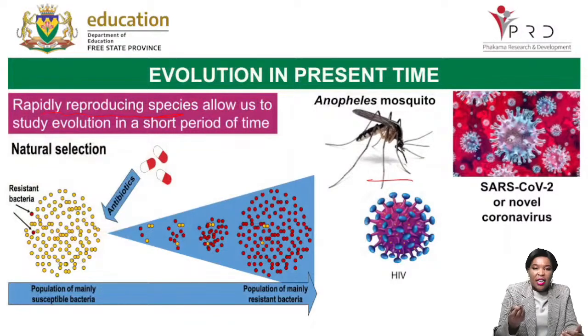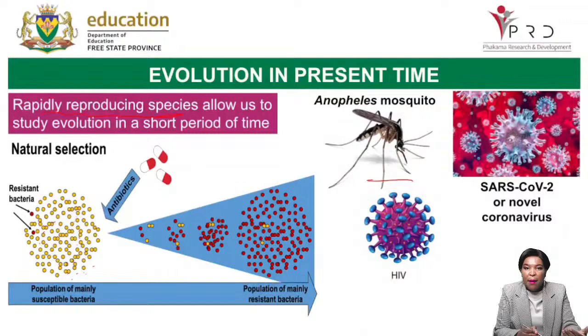So how does it happen? You can see in this population of bacteria here, the yellow dots are representing bacteria. And then you know bacteria, if it is a pathogen, you need to kill it with antibiotics. But the red dots are representing resistant bacteria, meaning it is resistant to antibiotics.